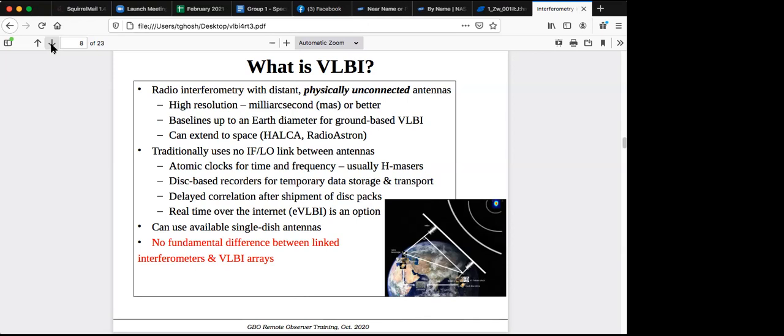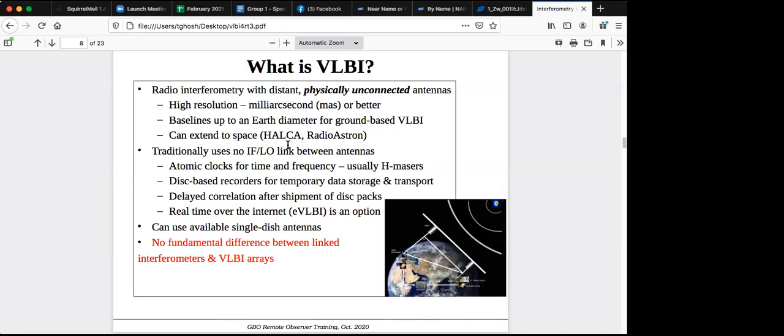That gives you very regularly very high angular resolution, milliarcsecond resolution or better. It's a very standard thing to get. Baselines up to the Earth's diameter. Also, that is for ground-based VLBI, and it has been extended to space.